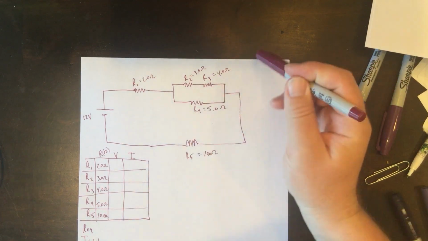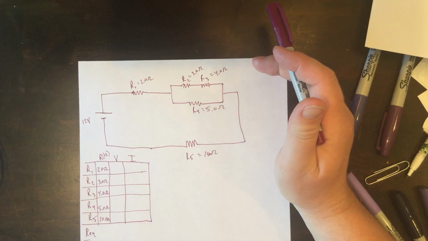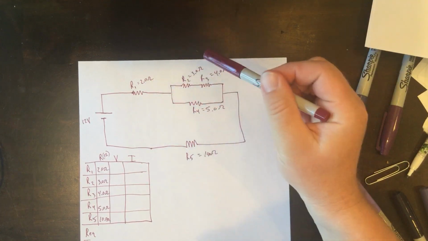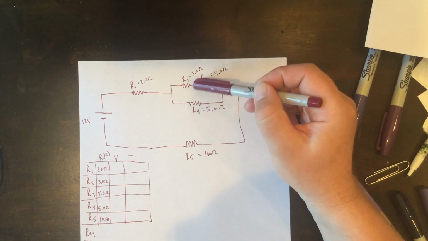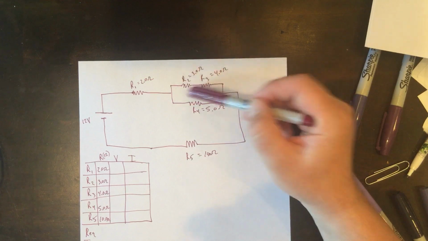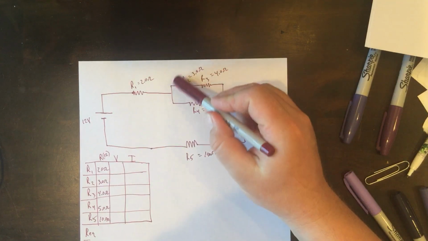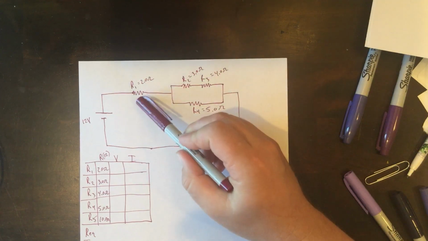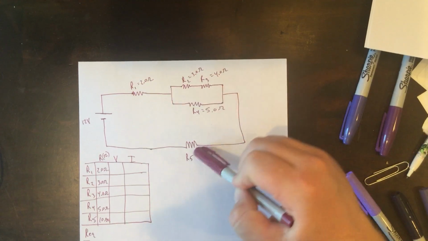I think the more you get used to doing these, you'll find a good spot. So how could I put these all in series when this has this combination here? How could I put these in parallel when I don't know what this single one is yet? Okay, so it's kind of obvious to me we have to start right here. There's no simple way that we can just do a series R1 plus this plus this.